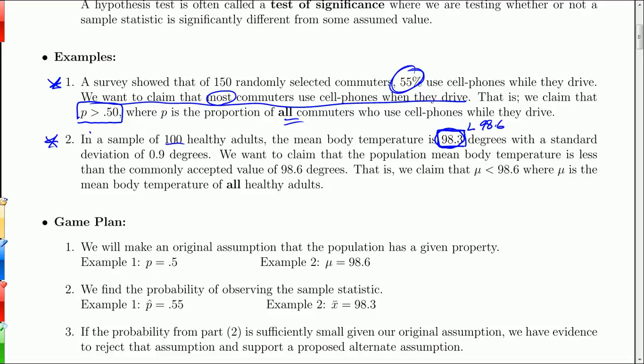So we take this data and we want to make a claim about the population mean body temperature. We're going to claim that the mean body temperature for all people is less than the commonly accepted value of 98.6.